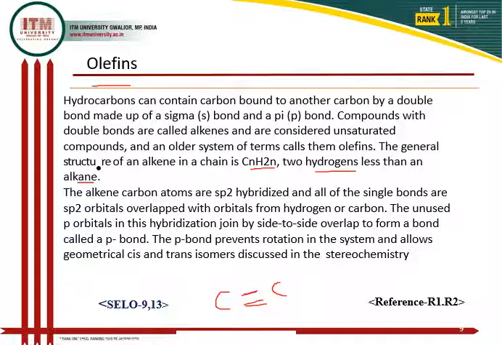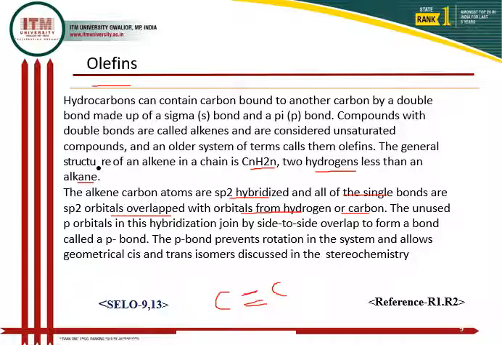Ethane is C2H6. Now the carbon atom is sp2 hybridized and all the single bonds are sp2 orbitals overlapping with the orbitals from the hydrogen or the carbon. Understood?